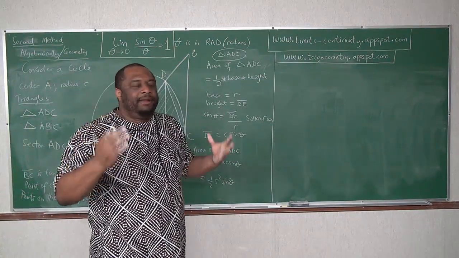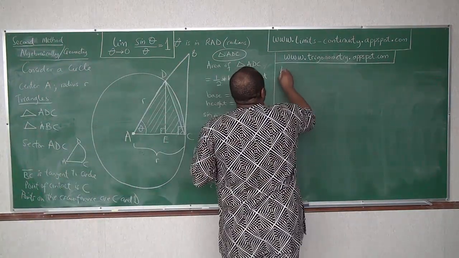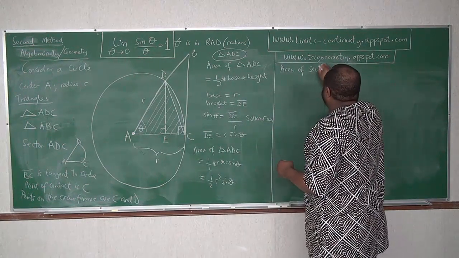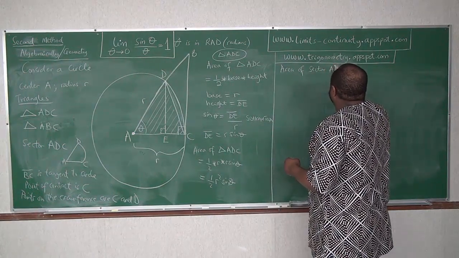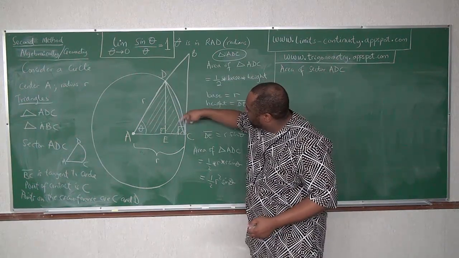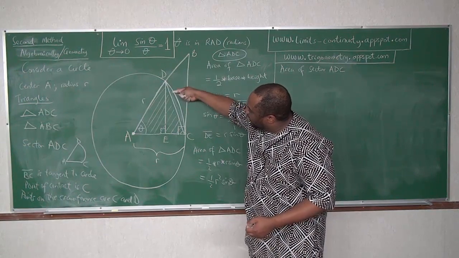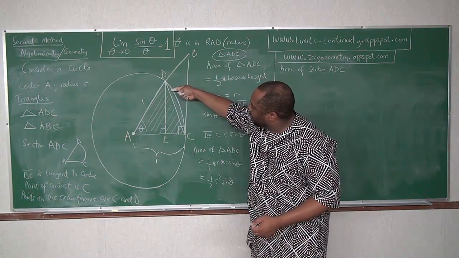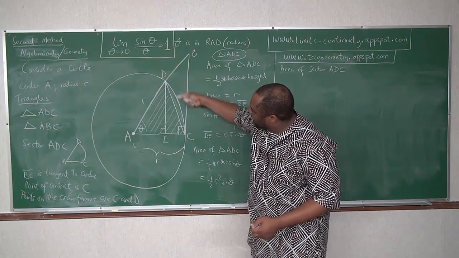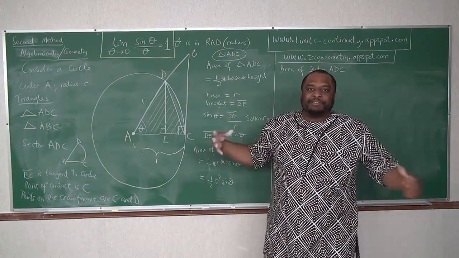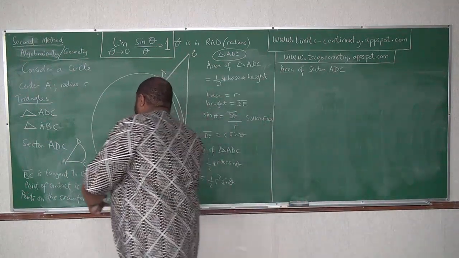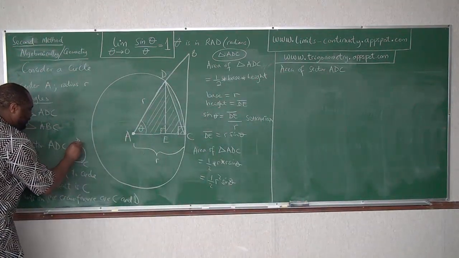Now let's find the area of sector ABC, which is the area of triangle ABC plus this area here, the minor segment. The area of segment DC plus the triangle gives us the area of sector ABC.